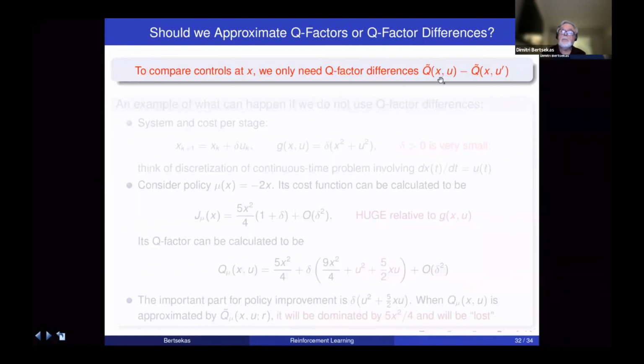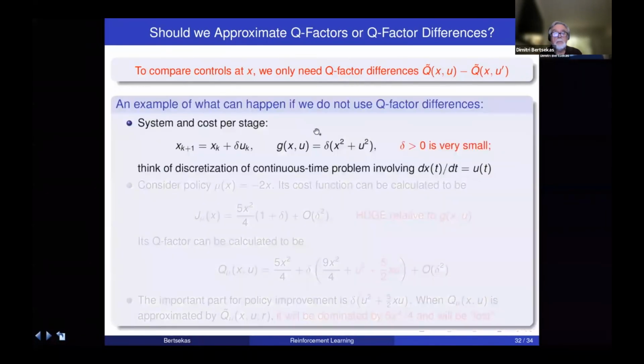In other words, if this difference is positive, that says that u prime is better than u. And if you are interested in finding the optimal u, it's sufficient to have the differences of Q-factors. Whether you have Q-factors or Q-factor differences, you're going to get the same result. But what happens to training in this light?